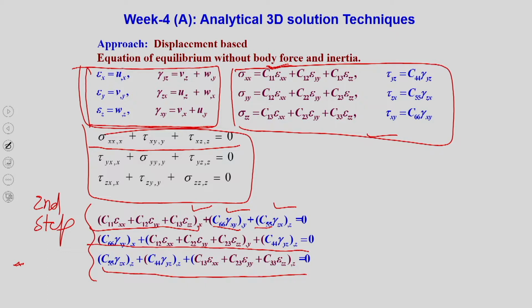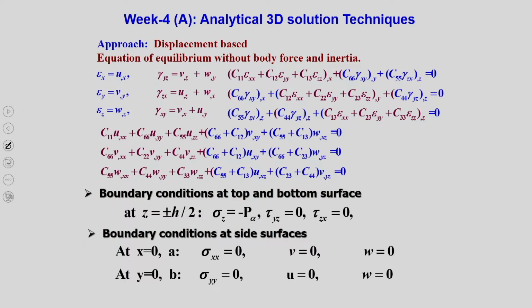Now, substitute the values of the normal strains and shear strains. So, in this equation you substitute epsilon xx is u comma x, epsilon yy is v comma y, epsilon zz is w comma z. You will come up with this scheme: C11 of u comma double x, u comma double y, u comma double z, and v comma xy, w comma xz, with these constants.